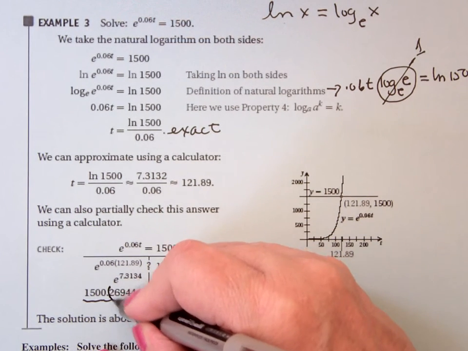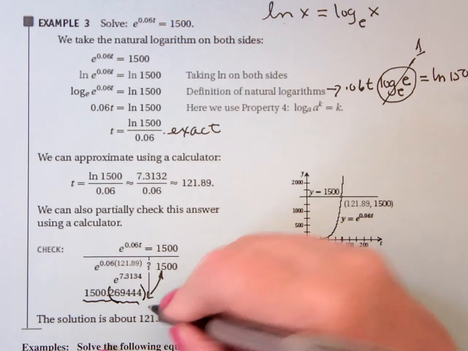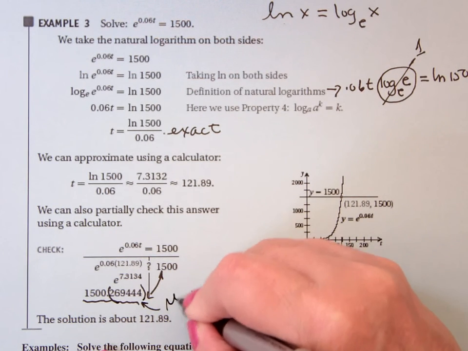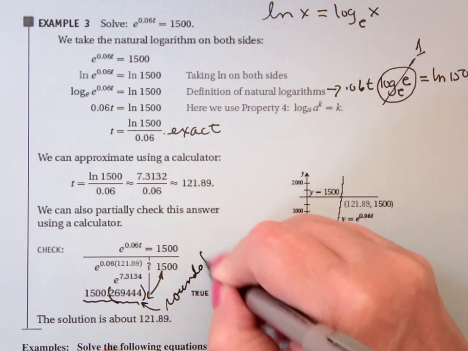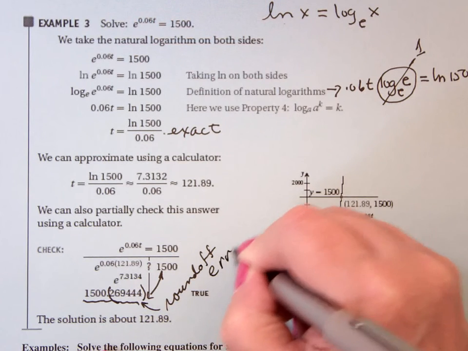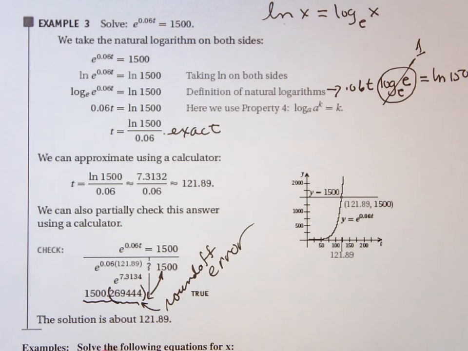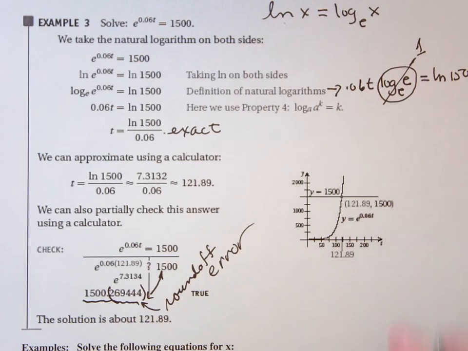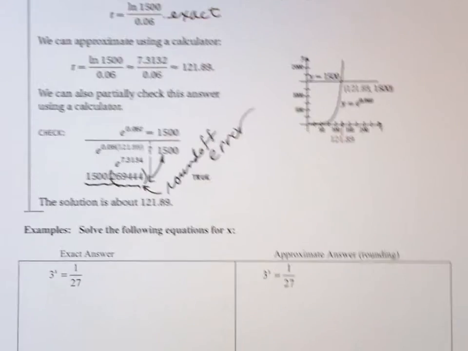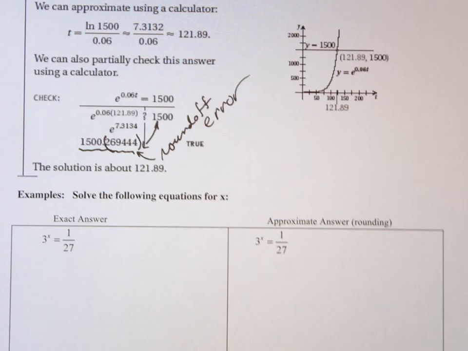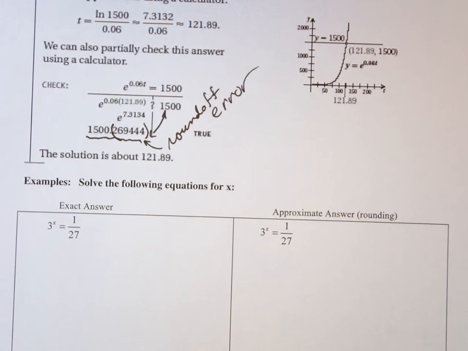This piece right here is round-off error. It says it's close enough.